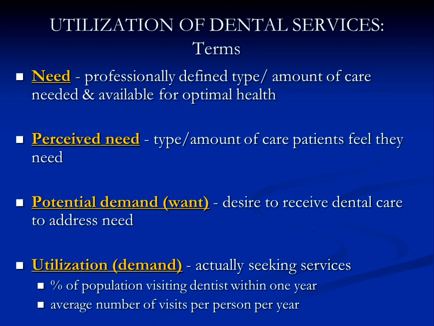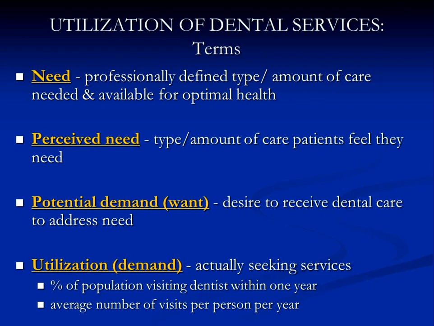So this is where the dentist or the dental hygienist is actually assessing the patient or the community population, and they're saying what they need in terms of how to get their oral health, their mouth, in optimal shape. So what do we need to do in terms of treatment or in terms of oral health promotion programs to be able to get that community or that patient into tip-top shape?